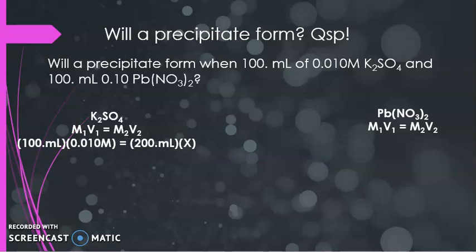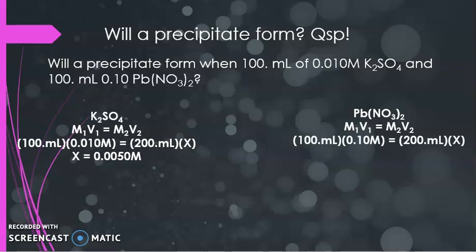Solving for the final molarity, that comes out to be 0.005 molar. Let's rinse and repeat for the lead nitrate solution. Plug in the original numbers, 100 milliliters of a 0.1 molar solution, now spreading out over 200 milliliters, and solve for X, the final molarity. That comes out to be 0.05 molar.